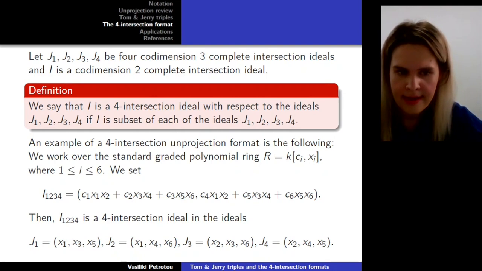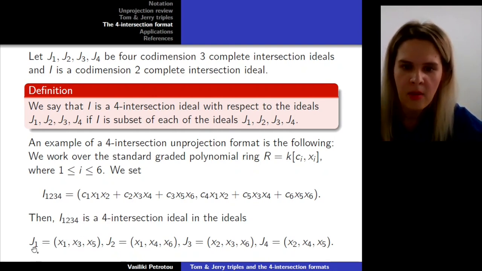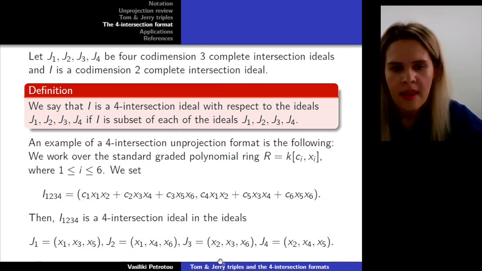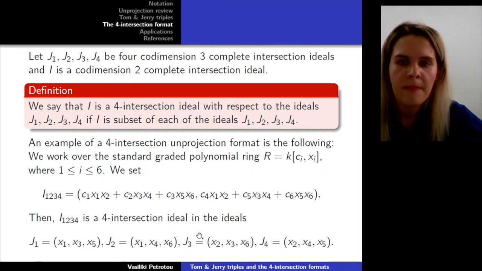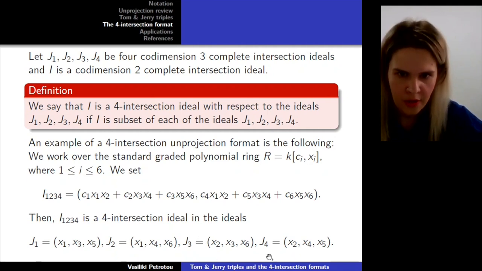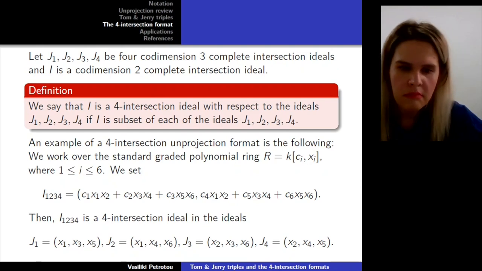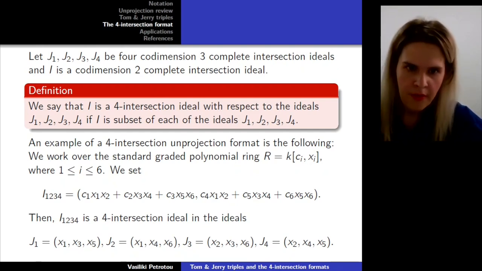For this initial data, ideal I1,2,3,4 and ideals J1 up to J4, I checked that we can perform parallel Kustin-Miller projection using a similar approach as before.